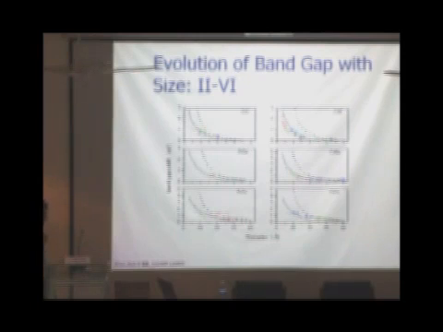So this was in 2004. Till then zinc telluride was not so much studied, but you can see that the black solid line represents the results of the tight binding calculations. The effective mass approximation, or the particle in a box method, is represented by that dotted line.